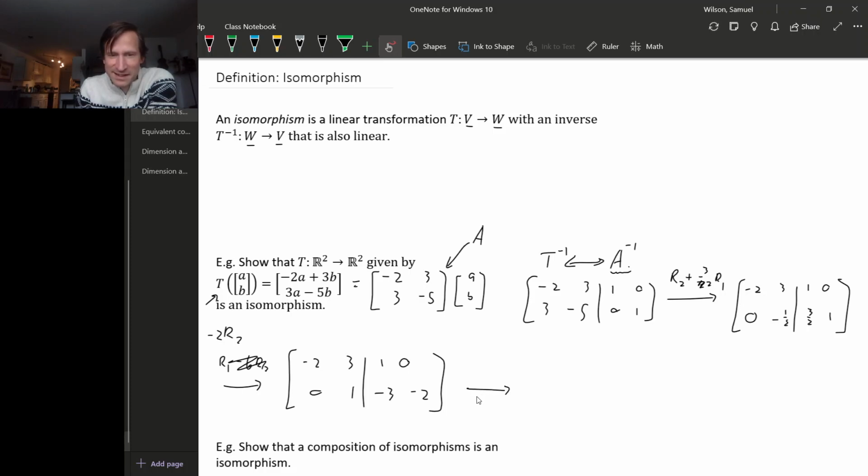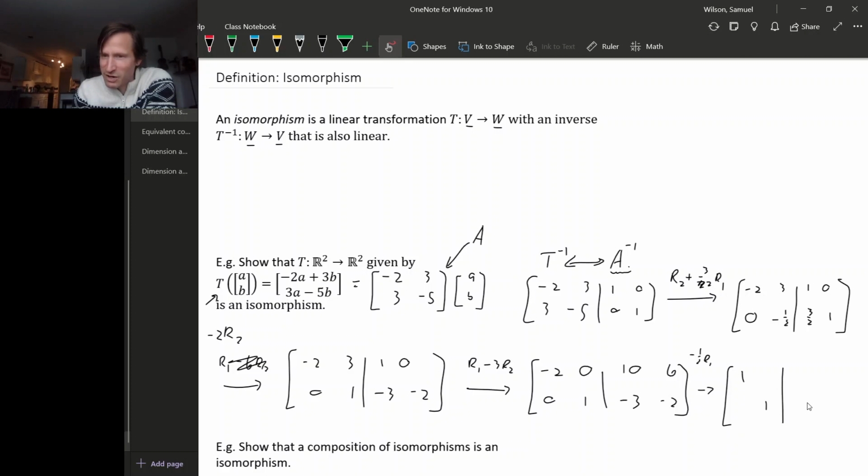And then now we can do row 1 minus 3 times row 2. So this gives us minus 2 is 0, and then minus 3 times minus 3 is plus 9, plus another one is 10, and 6, 0, 1, minus 3, minus 2. And then finally, we'll do minus 1/2 row 1. So this gives us the identity on the left-hand part, and on the right-hand part we get 5, 3, minus 3, minus 2.